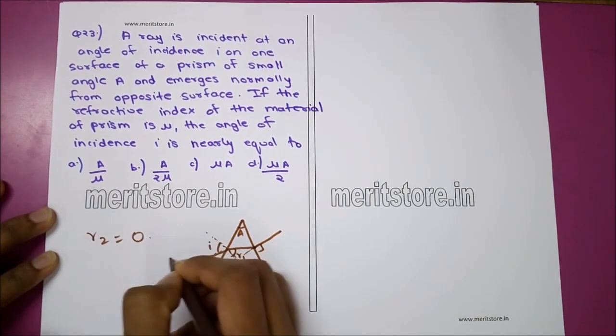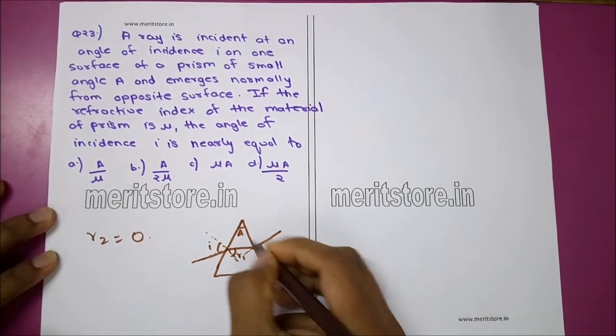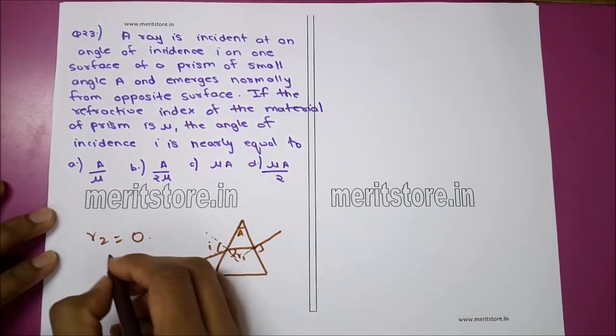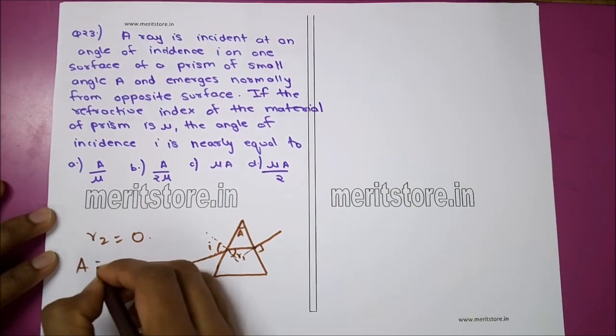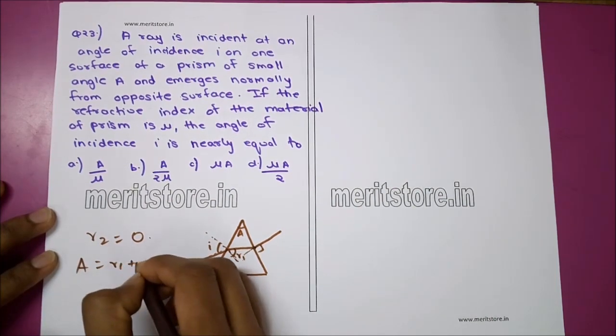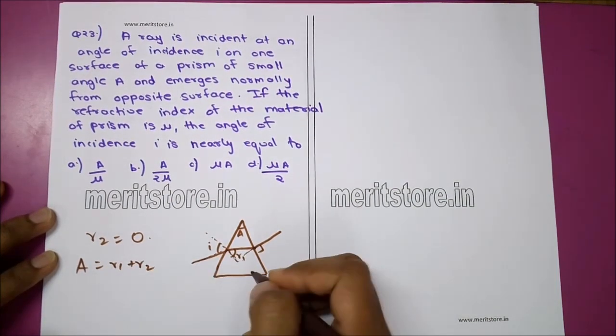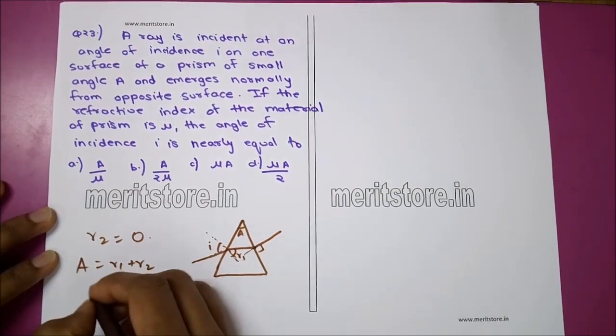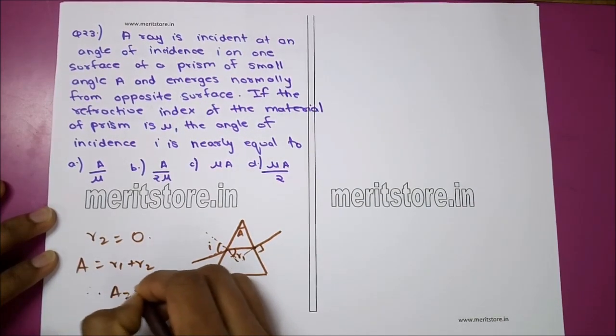R2 would be 0 since it is coming out normally from the second surface, and as we know A is equal to R1 plus R2, but since R2 is equal to 0, therefore A is equal to R1.